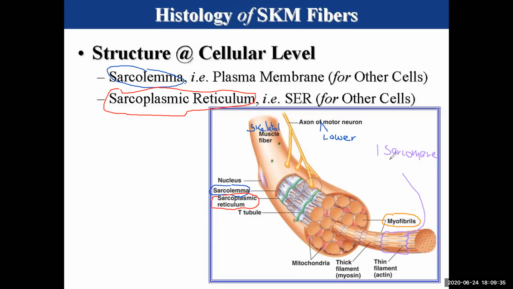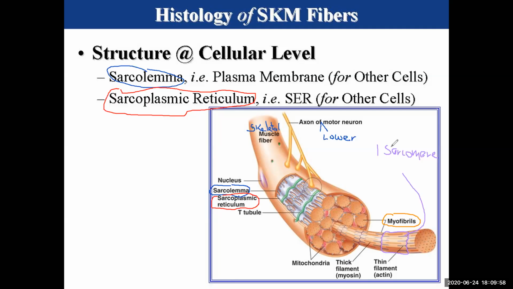So sarcomere. The sarcomere is the smallest structural and functional unit for muscles, specifically skeletal muscle and cardiac muscle.